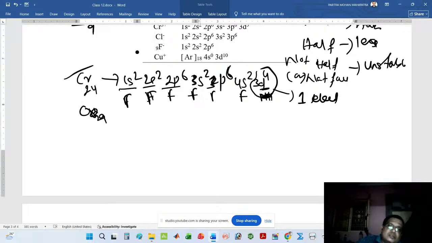If all the orbitals are stable, then the atom is stable. In chromium, all are stable except 3d.